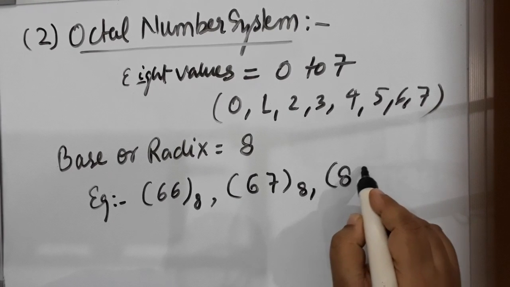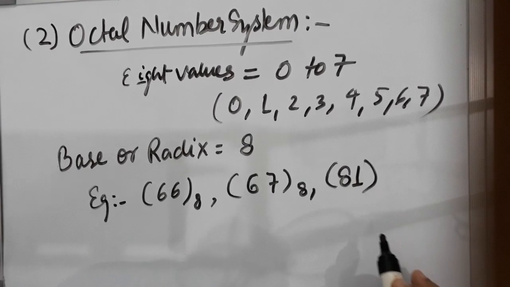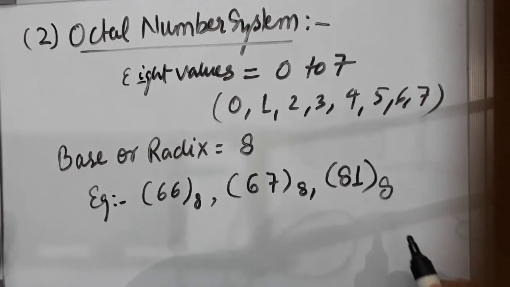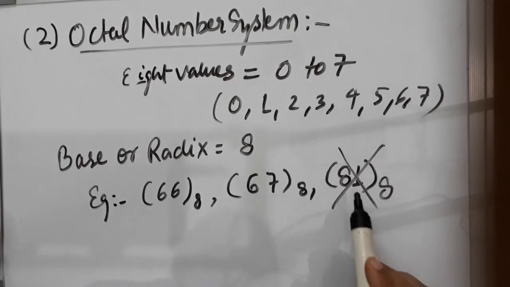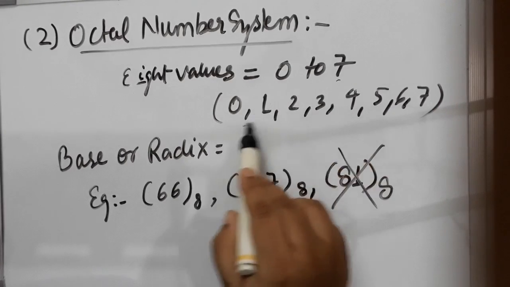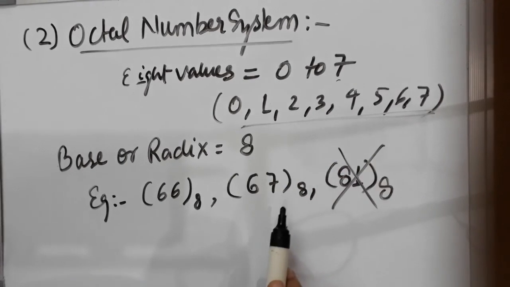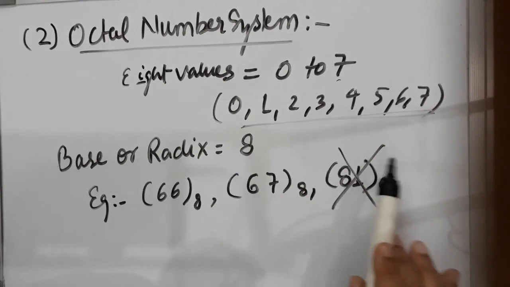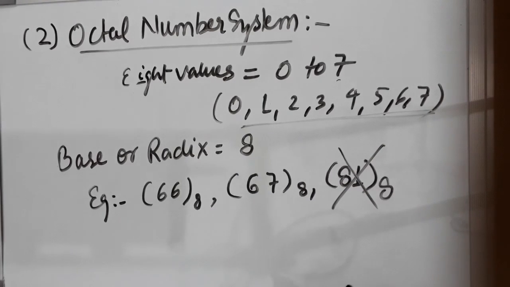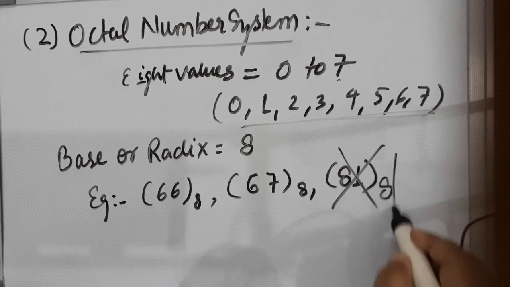If I take 81, is it an octal number? No, it cannot be octal, because we do not have 8 in the range of the octal number. The octal number can contain only combinations of these numbers. So numbers like 8 and 9 cannot come in an octal number, so this cannot be an octal number.